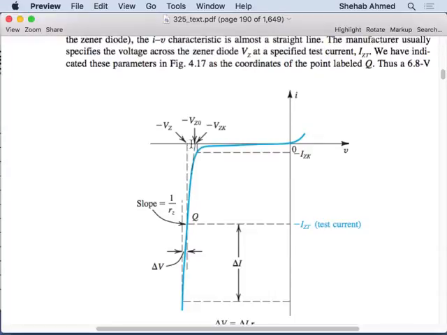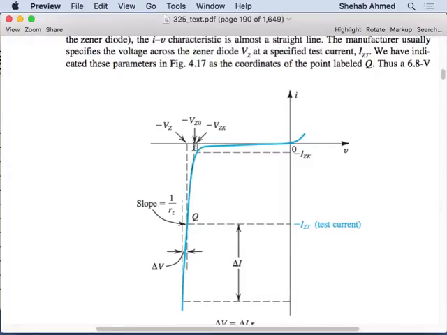This voltage drop is equal to what? If you do the geometry, this is a triangle here, and it will have a slope of 1 over r. This will have a magnitude of r times I at that point here. So the voltage drop here is equal to I times r.